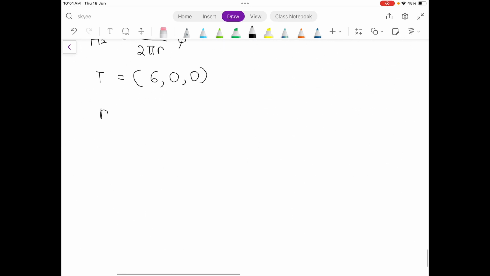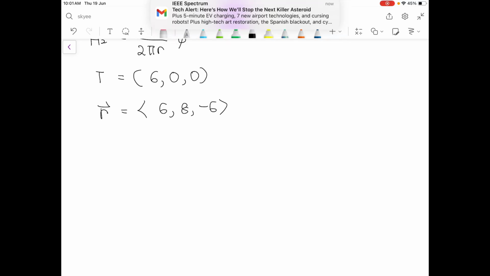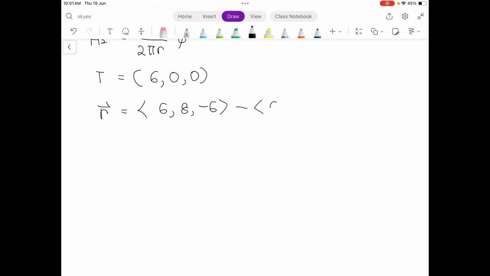So R will be equal to (6, 8, negative 6), which is the observation point, minus (6, 0, 0). So the answer would be (0, 8, negative 6).